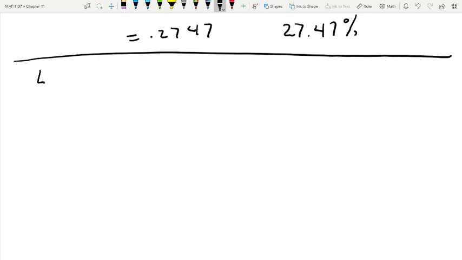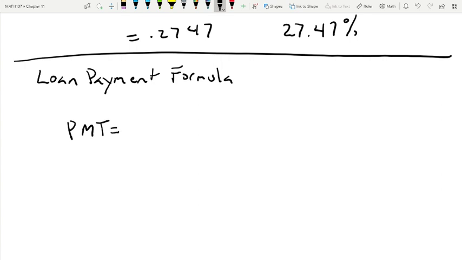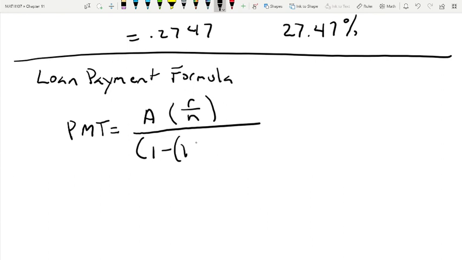So in terms of loan, we want to know how much those monthly payments are going to be. So my loan payment formula. So the amount of the payment is A, which is the amount of the loan, times R over N over 1 minus 1 plus R over N to the minus NT.